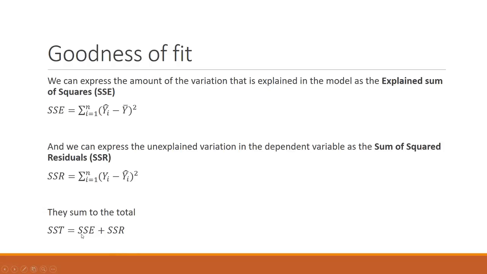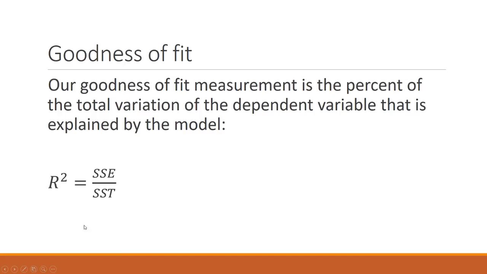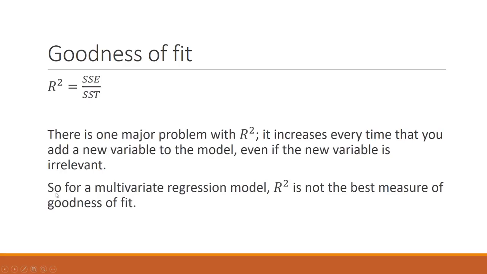One way to get a percentage of that would be to take the sum of squares explained, the total amount of variation that is explained, and divide it by the total amount of variation. That's what we call R squared. So our goodness of fit measurement is the percent of the total variation of the dependent variable that is explained by the model.